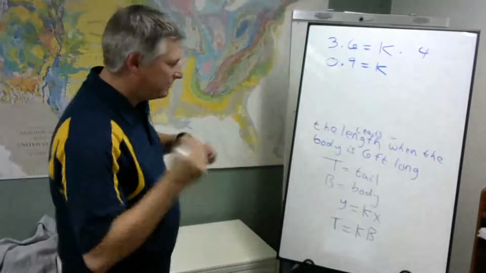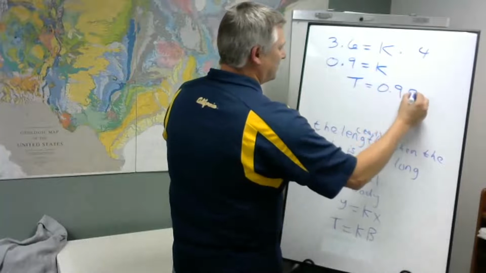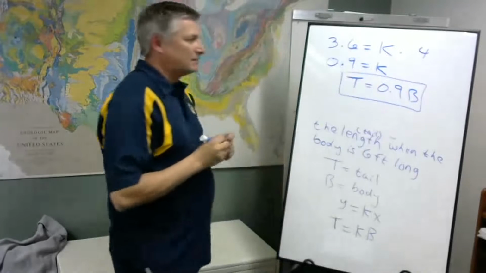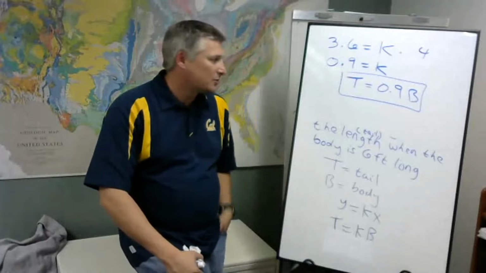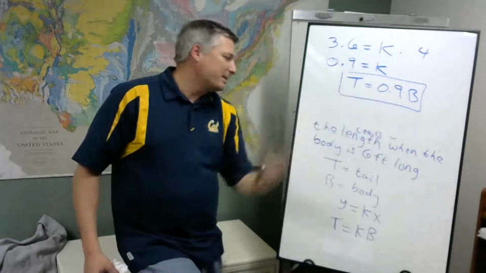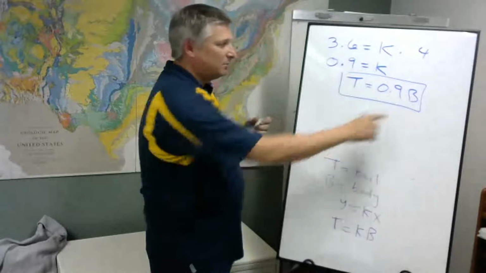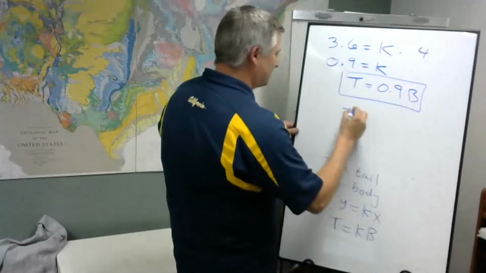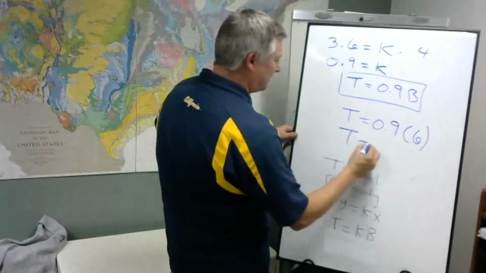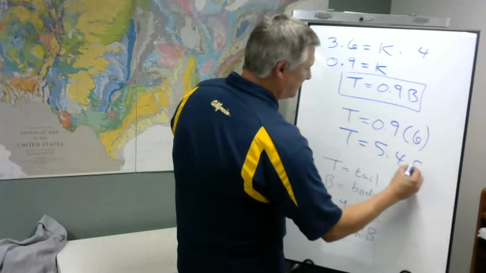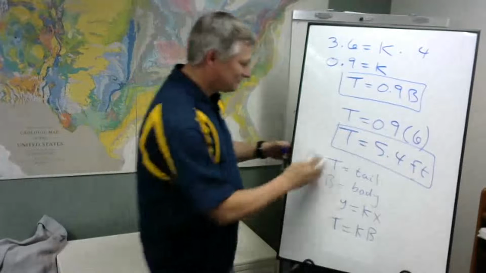So now that k is 0.9, we have our full formula: t is 0.9b. Now that we have that formula, we can finally answer the question. What kind of tail are we going to get when the body is 6 feet long? We just take that 6 feet and plug it in for b. We get a tail of 5.4 feet. And that's our answer.